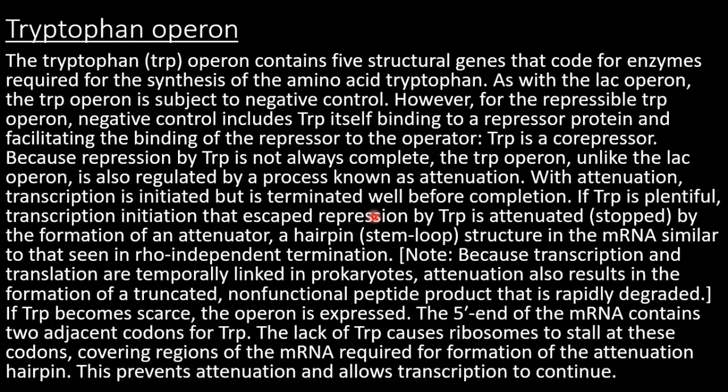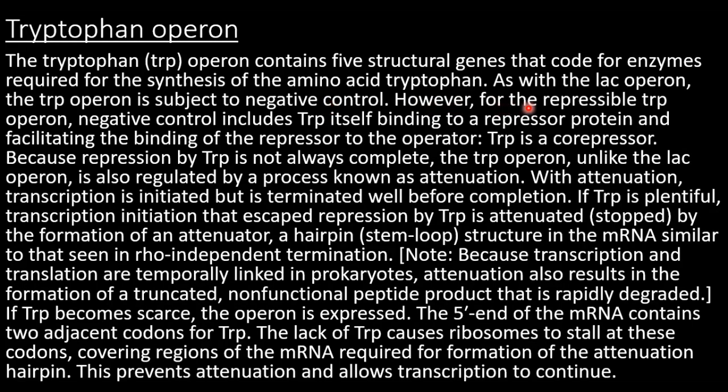Now let's look at the tryptophan operon, which contains 5 structural genes that code for enzymes required for the synthesis of the amino acid tryptophan. Please understand this about the tryptophan operon. As with the Lac operon, the tryptophan operon is also subject to negative control.